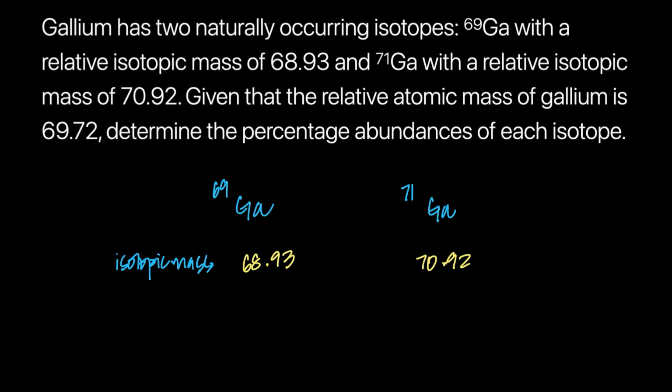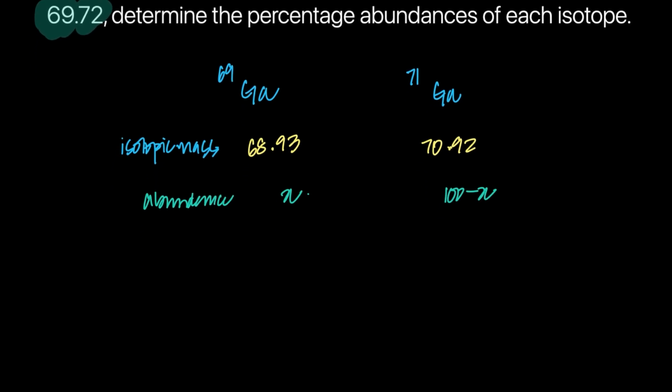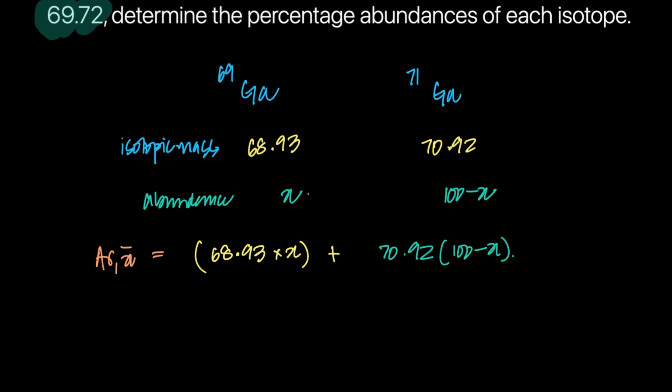And you're about to find the abundances, so you give any of them as x and the other is 100 minus x, and total percentage is 100. At that stage you'll realize that the relative atomic mass of gallium is 69.72. So the method is that the AR, which is 69.72, is 68.93 times x plus 70.92 times 100 minus x, all of that over 100, because that's the average.